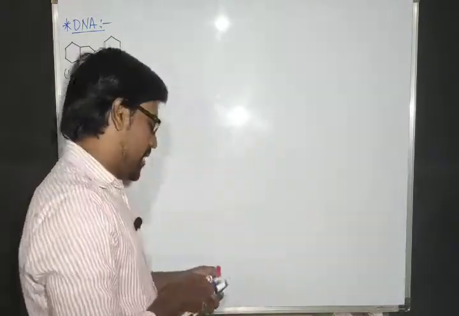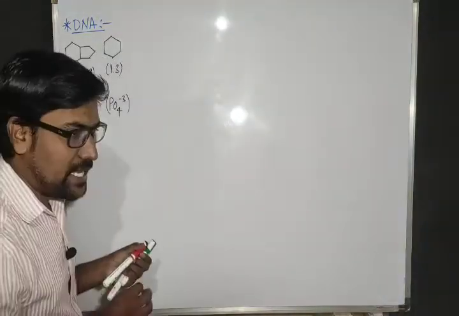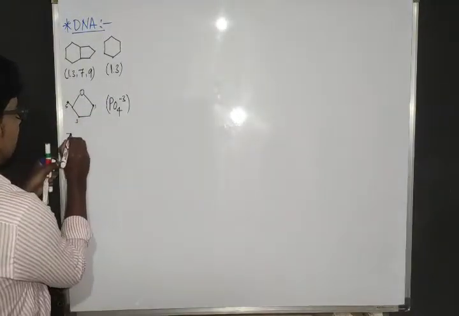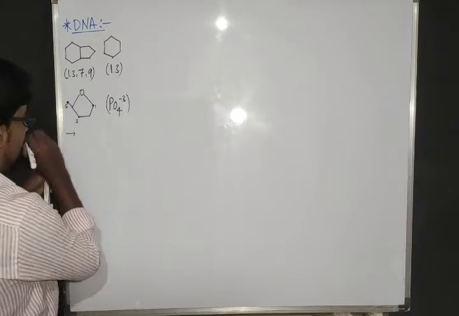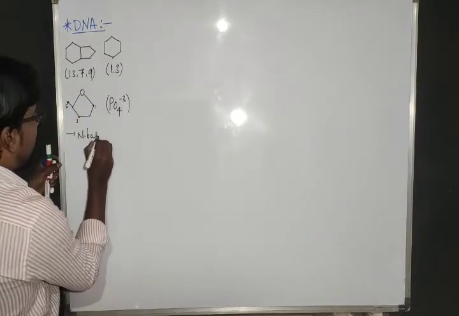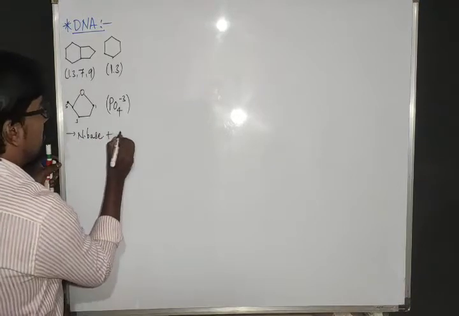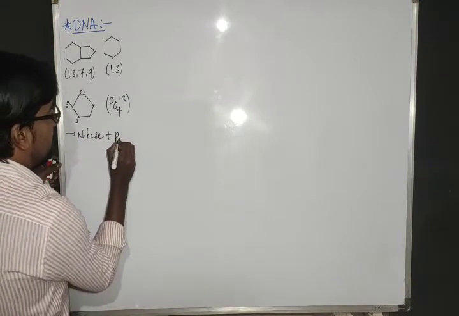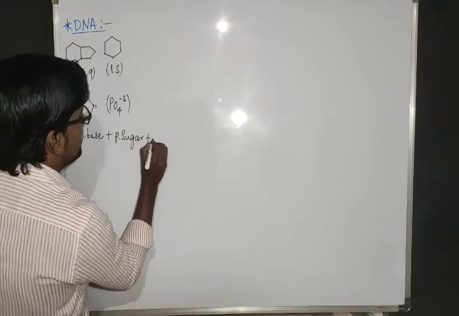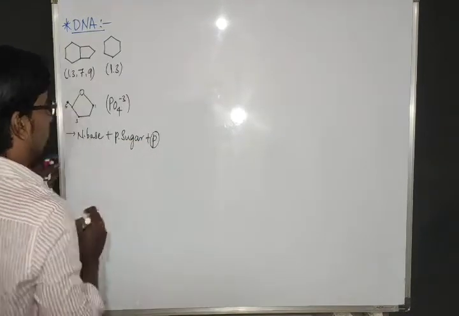Okay. Now, in the case of a nucleotide, I will write here: nitrogen base plus pentose sugar plus phosphate.